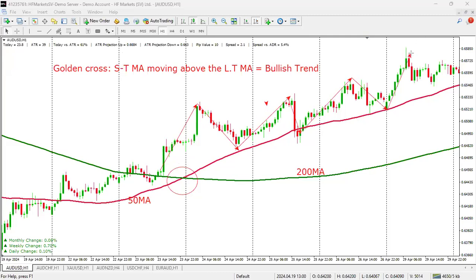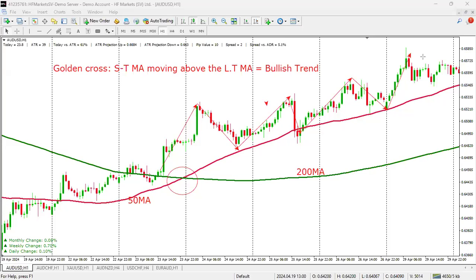So another way you could know the beginning of a bullish trend in the market is through the golden cross. That is, when your short-term moving average moves above your long-term moving average. Like I said, it could be 20 crossing 50, it could be 50 crossing 100, or 50 crossing 200. I'm using 50 crossing 200.